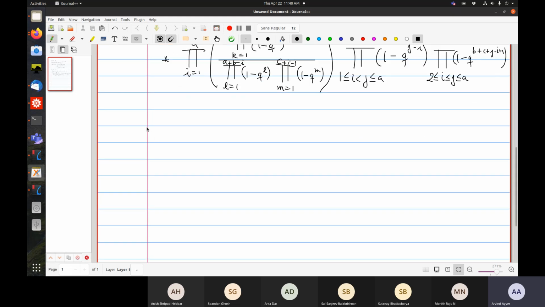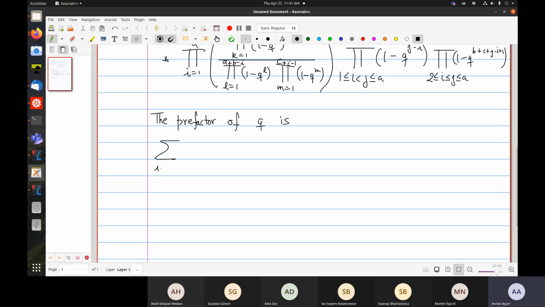So the power of q, or the prefactor of q, is, what is it?